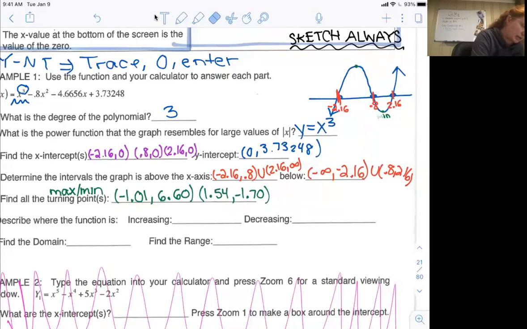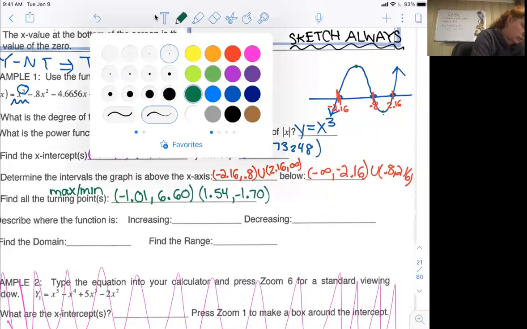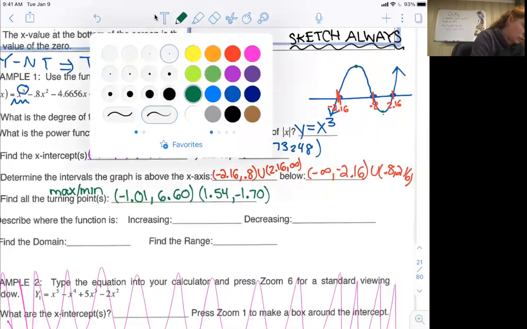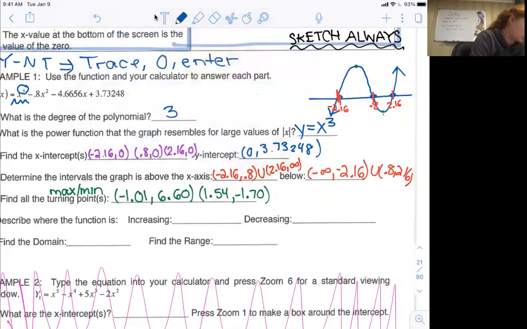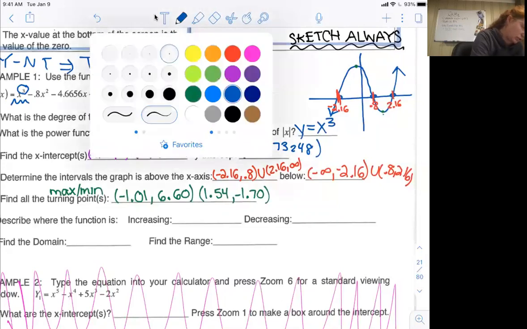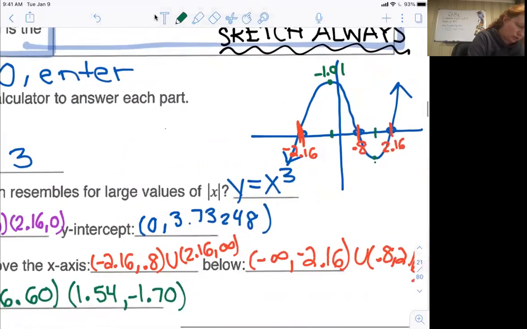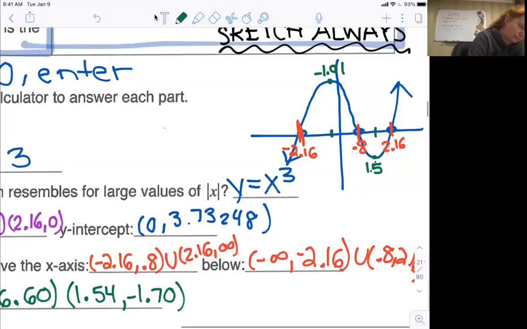So I'm going to go ahead and alter this to put my x values, because again, your increasing and decreasing should be in terms of x. So the x values at those locations are, this x value was -1.01, and this x value, if you traced it up, would have been 1.54.